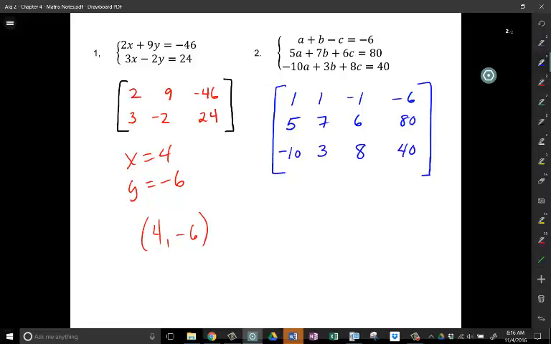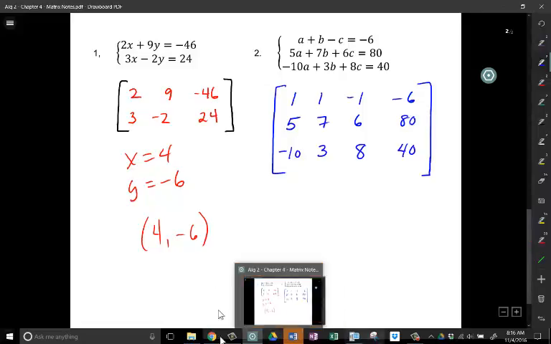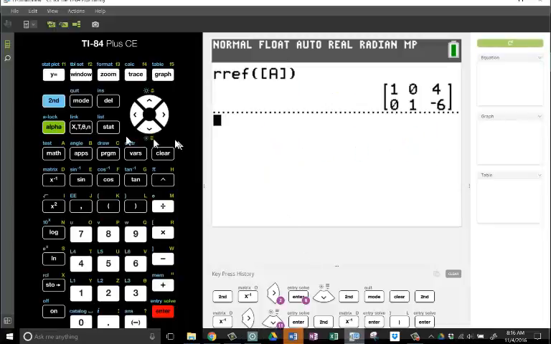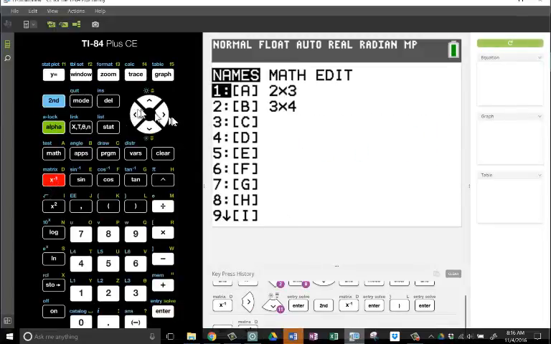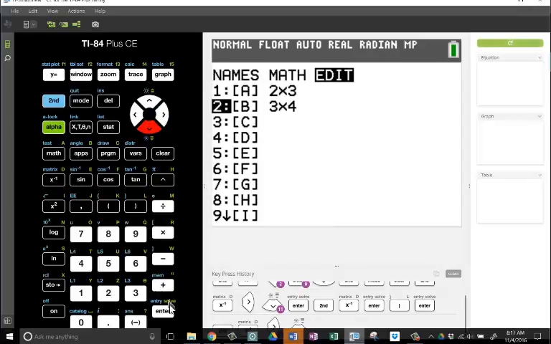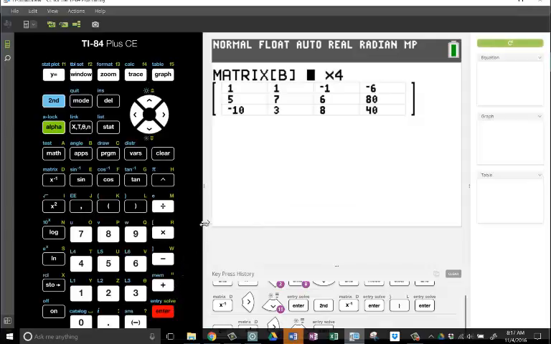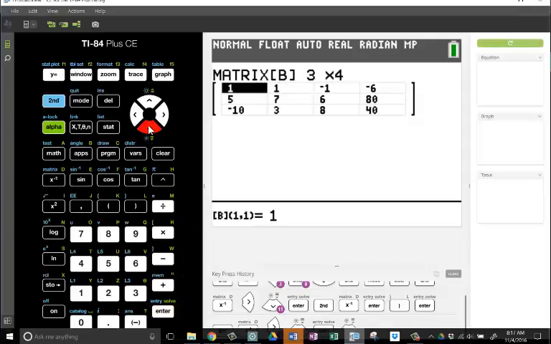So put that in to matrix B. Once again, go over to edit, go down to B, and put those in. A 3 by 4. Give you a moment to get all those in.